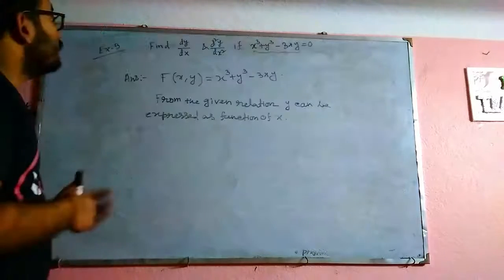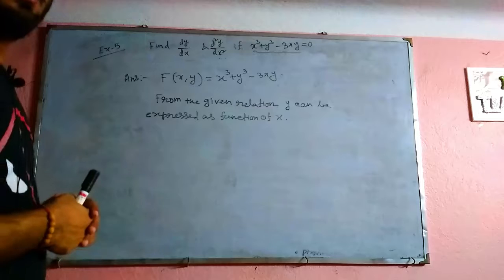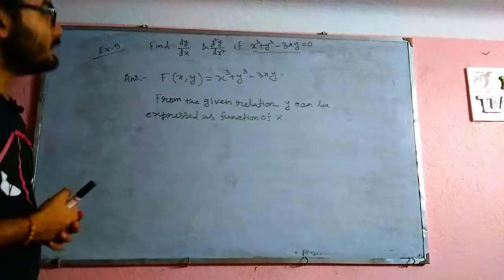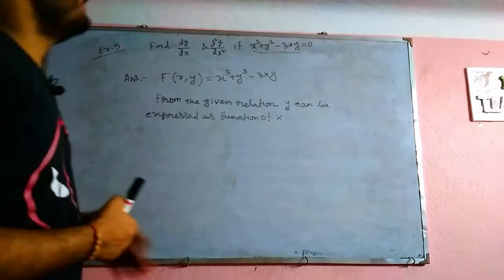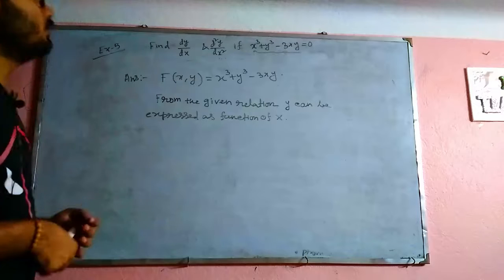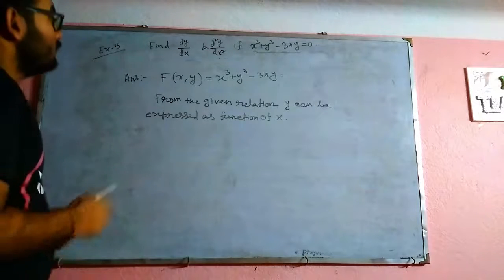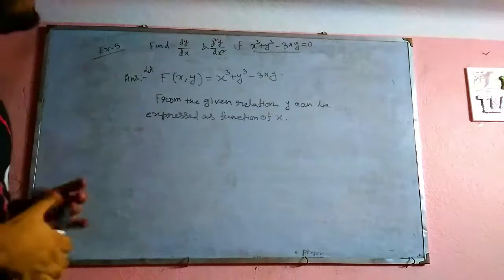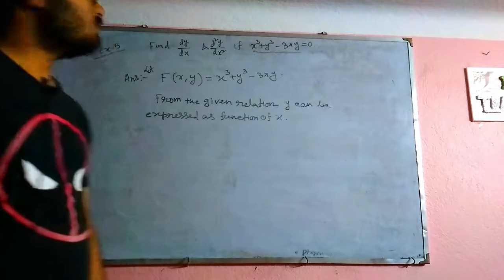Okay. So our first problem is: find dy/dx and d2y/dx square if x cube plus y cube minus 3xy is equal to 0. So let f of x, y be equal to x cube plus y cube minus 3xy.